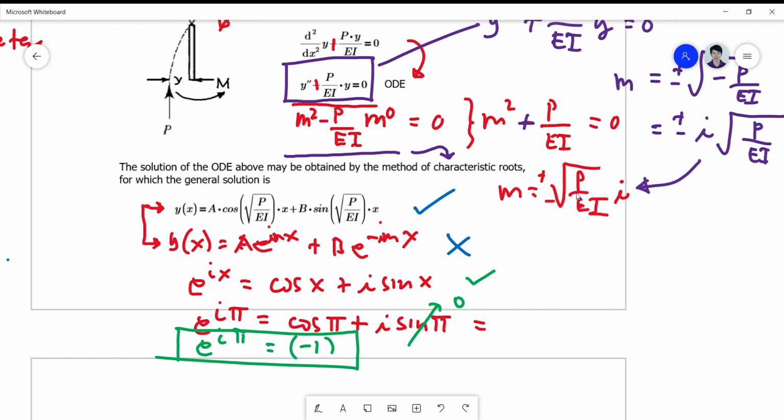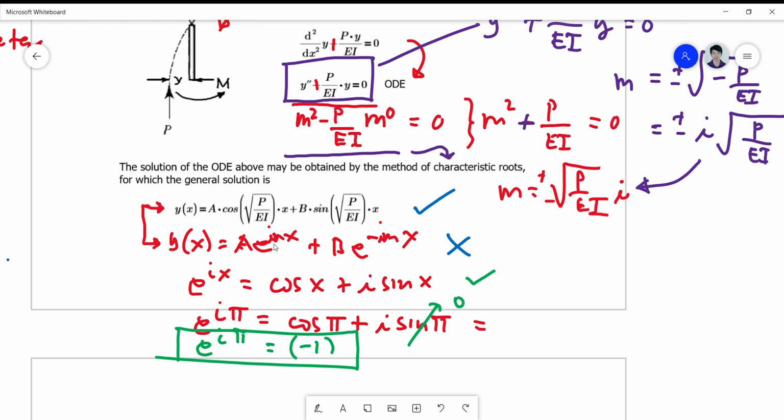So when the root is an imaginary number, your solution will be simply in the form y is A e to the mx, plus B e to the imx. There's an i here. Okay, the i there actually is the imaginary number.